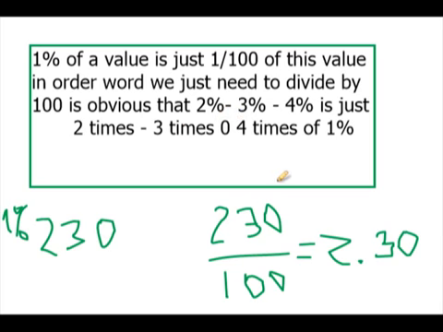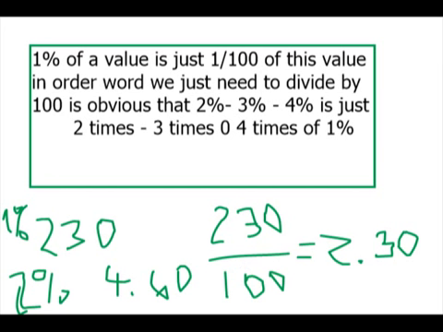If they need 2% of this value, I just have to take 2 times 2.30, which gives me 4.60. 4.60 is 2% of this. So the strategy is going to help you when you have to combine.